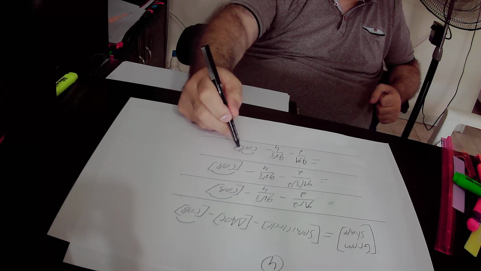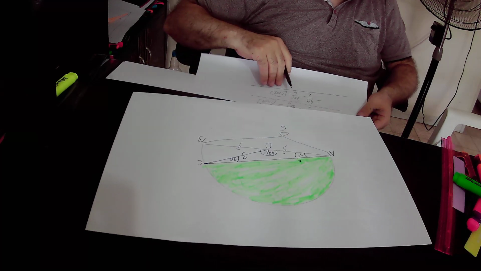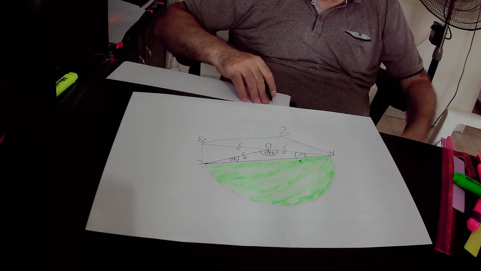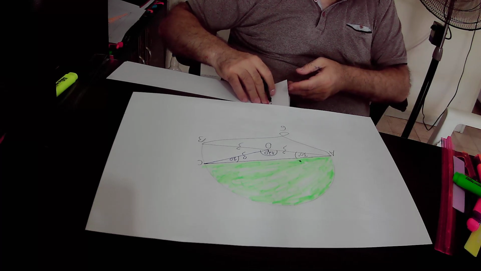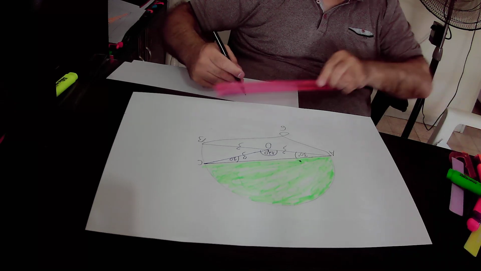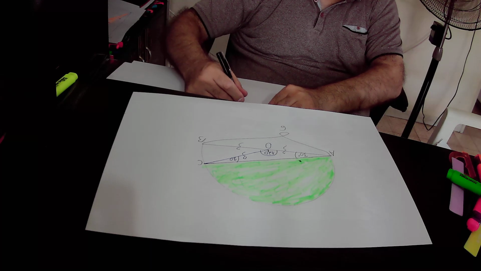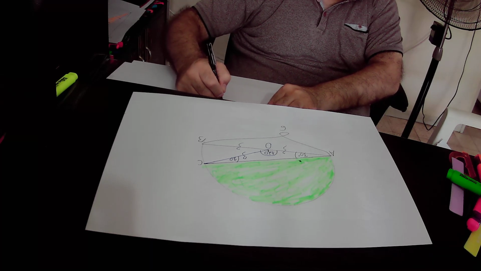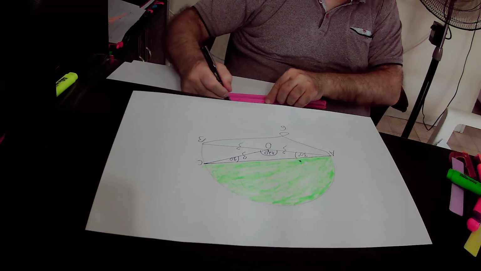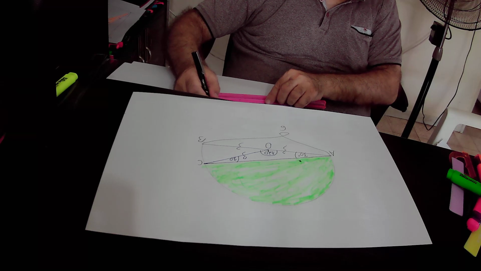So we have to find out the area of sector COB. So I'll copy sector COB here, and we find out the area of sector COB, or OCB.